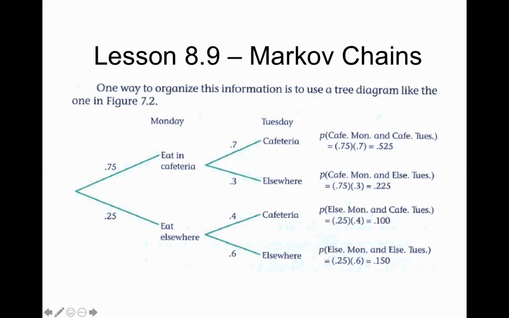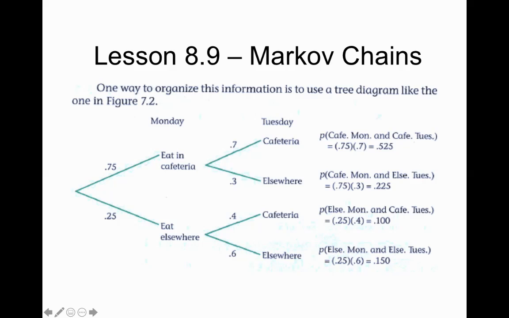On Tuesday, those who ate in the cafeteria, that's got to add up to 100%. And those who did not eat in the cafeteria, the probabilities for that also add up to 100%. Now, whenever you're doing this, you end up multiplying as you go down the path.